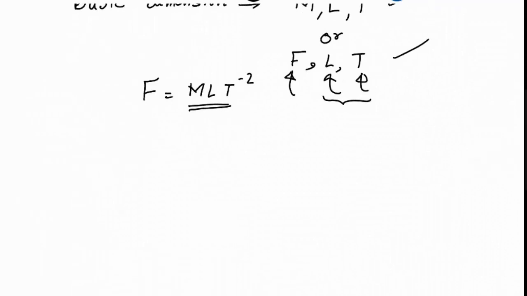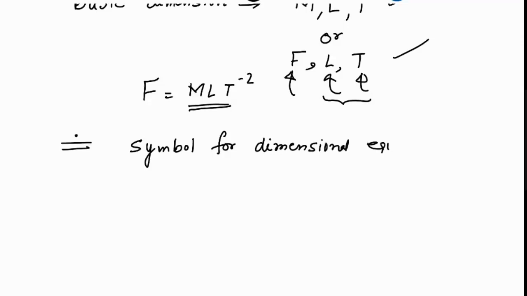Now let us see this problem, the pressure loss in a pipe along a unit length. Now we will use this symbol, and this symbol is often used for dimensional equality.